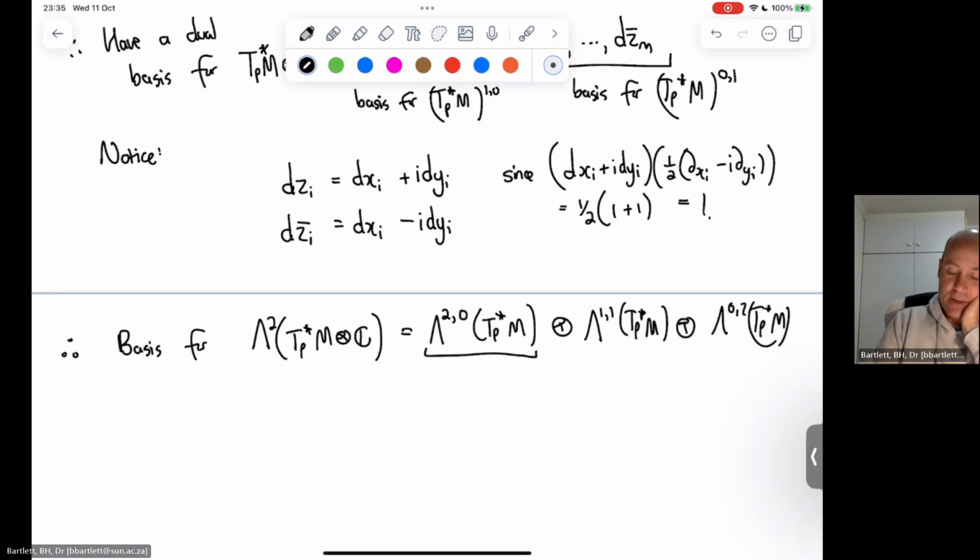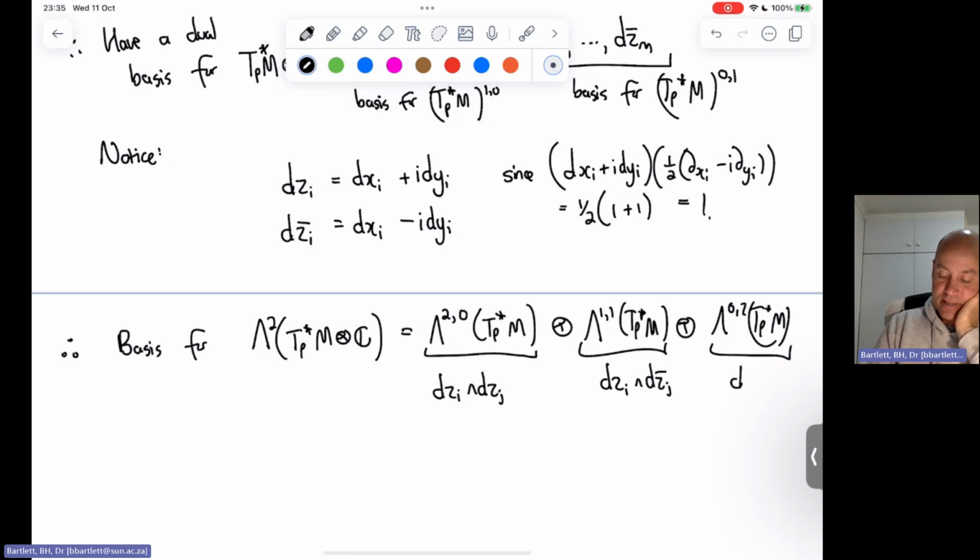So I could form here dzi wedge dzj and so on. Things over here I would get from wedging a dz with a dz bar. And over here is where I would take just wedges of dz bars together.